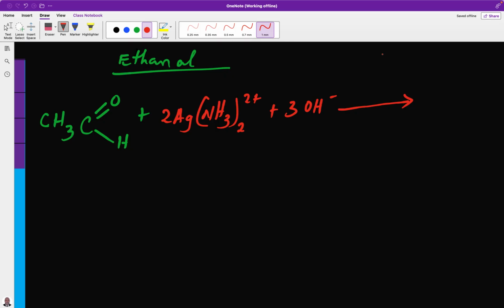What you will have will be the silver, plus the silver, plus the carboxylate.